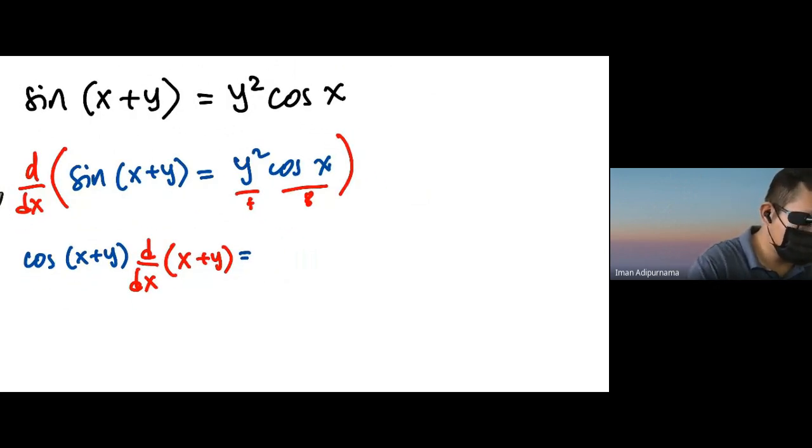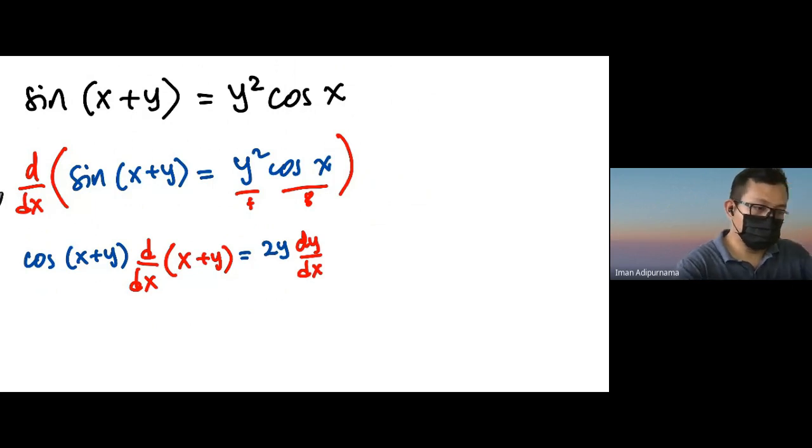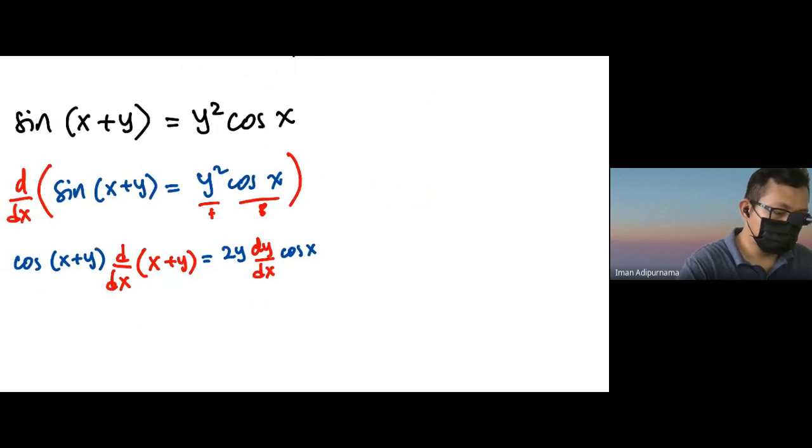So we can write this as 2y dy dx cosine x, plus y squared times negative sine x.